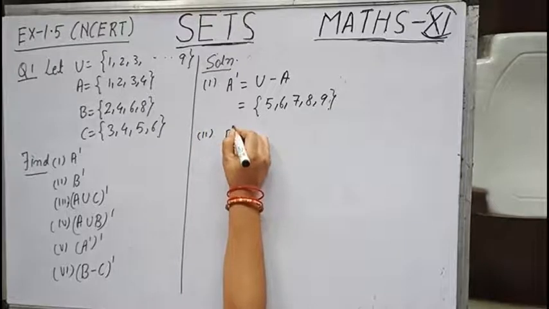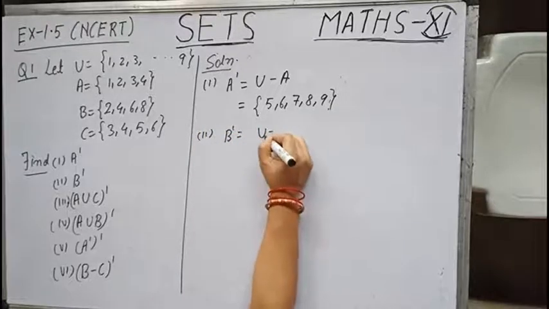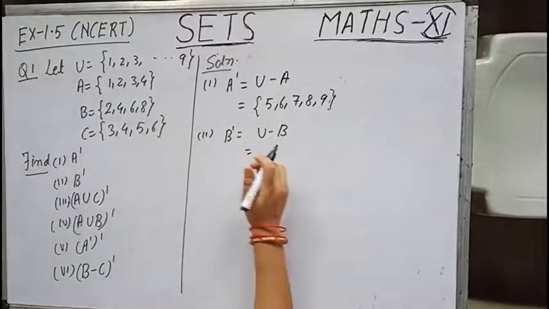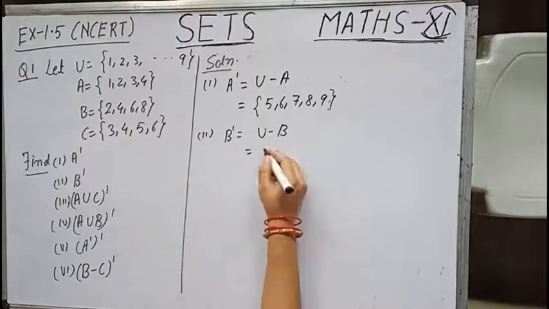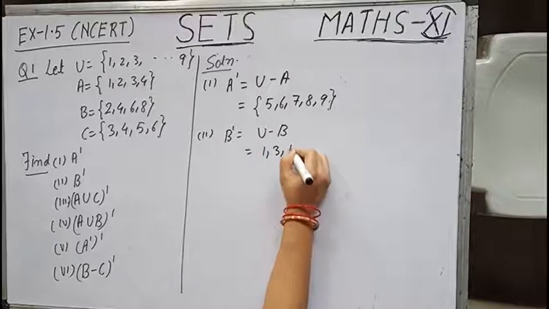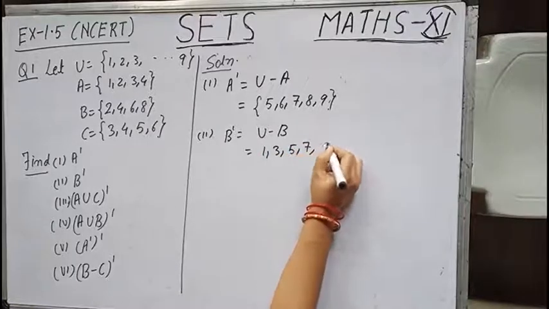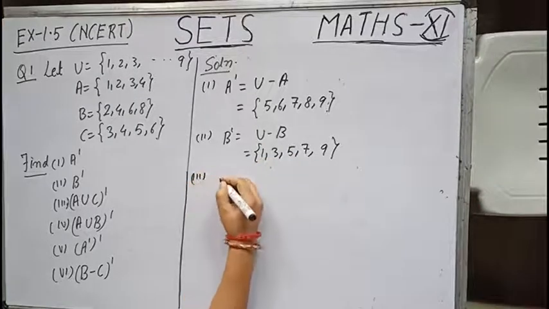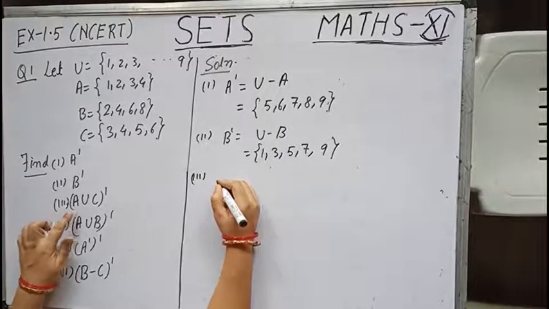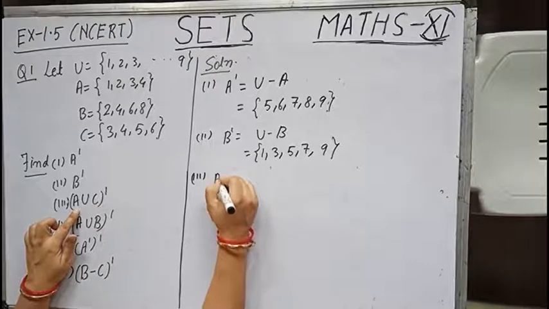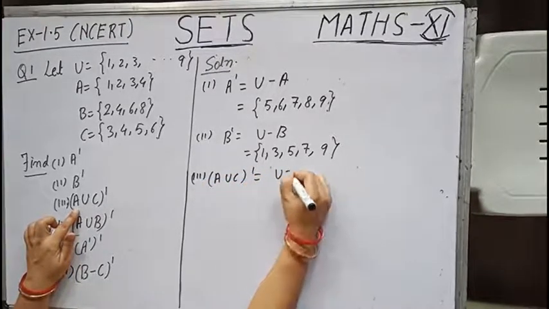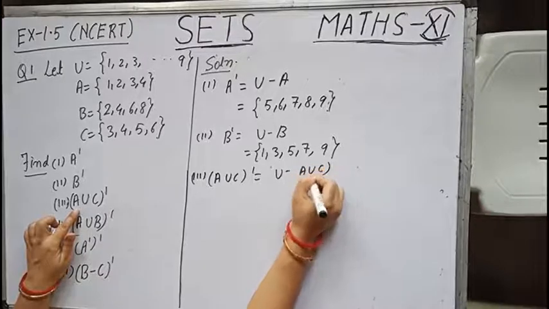Number 2, B complement. B complement will be U minus B, that is, over here we will subtract 2, 4, 6, 8 from U. So we will be getting 1, 3, 5, 7 and 9. Number 3 is (A union C) whole complement. So (A union C) complement equals U minus (A union C).